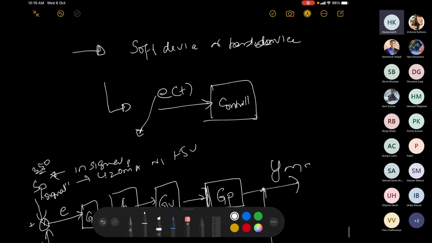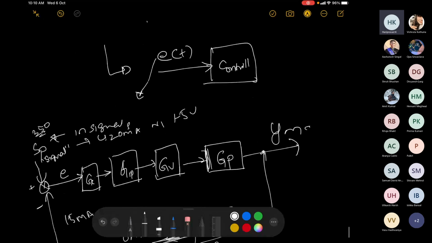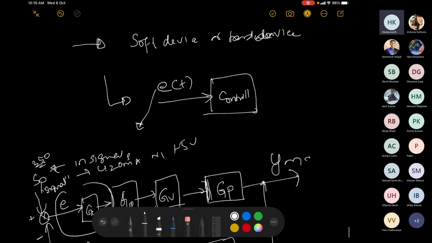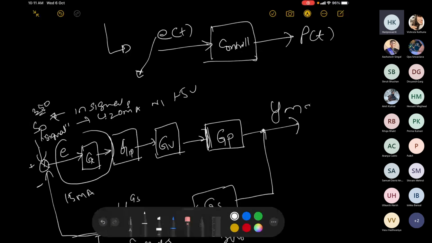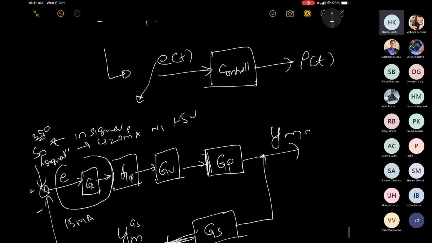So what I'm trying to say is the controller is essentially a device that takes an error signal, does a certain transformation, and gives you what is known as the controller output, which would be fed into various downstream devices, be it I2P or control valve, and so on.